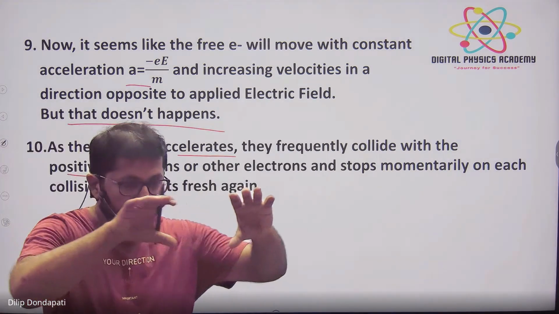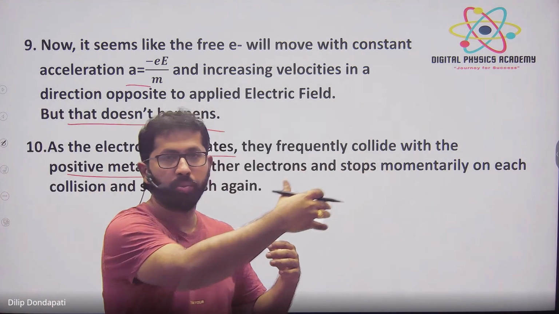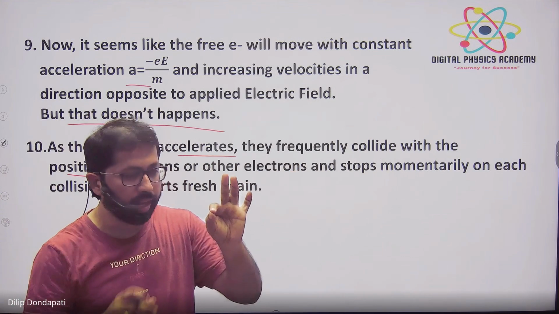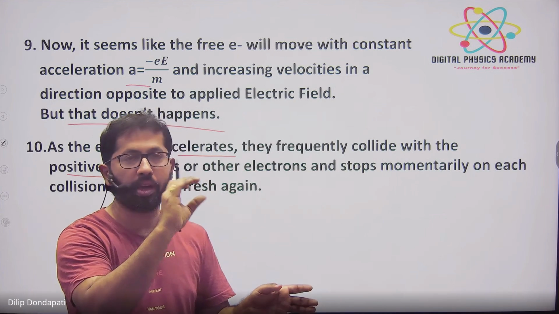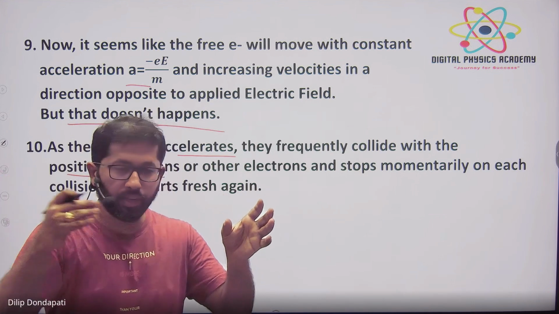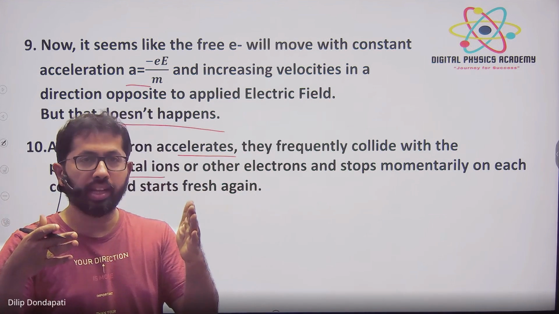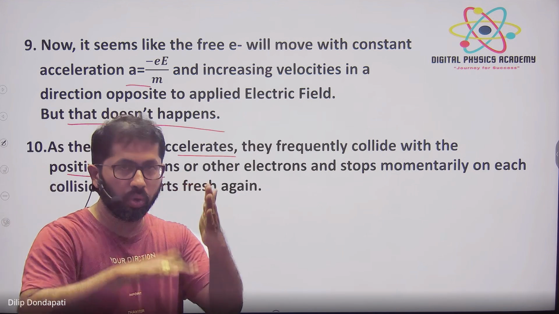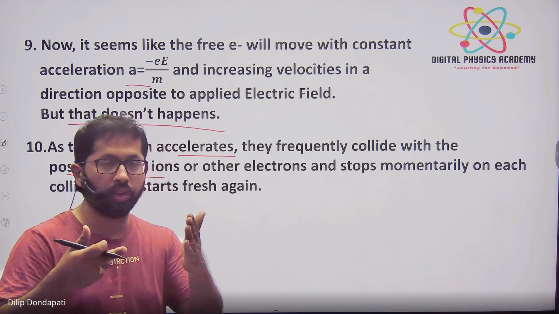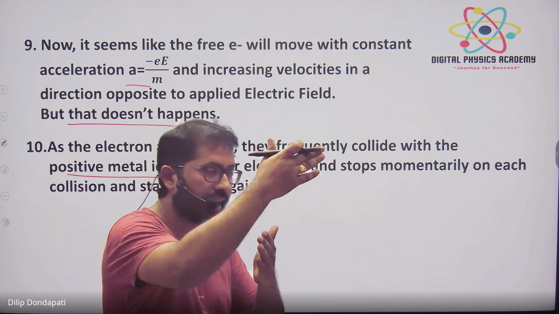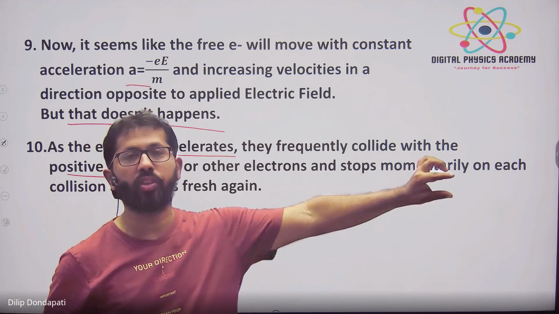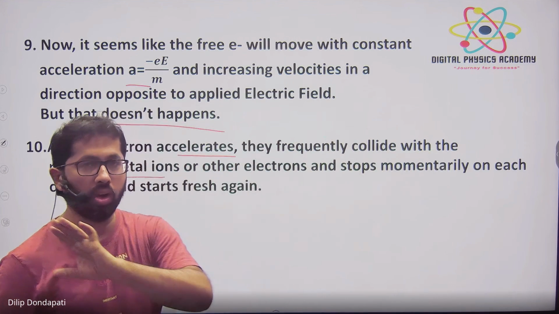In a conductor so many free electrons will be there. When an electron leaves an atom, it becomes a metal ion. Now this electron, when it wants to accelerate, hits a metal ion and stops momentarily. Again, because of the force acting, it wants to accelerate, again it stops. Stopping again and again like this, all electrons go with a normal constant velocity.